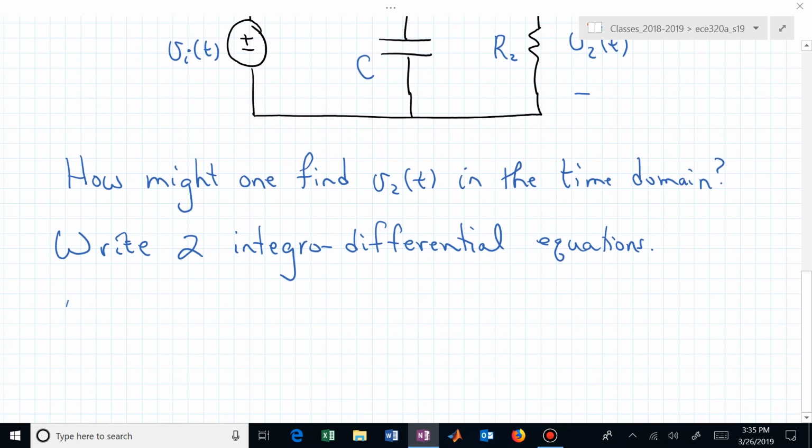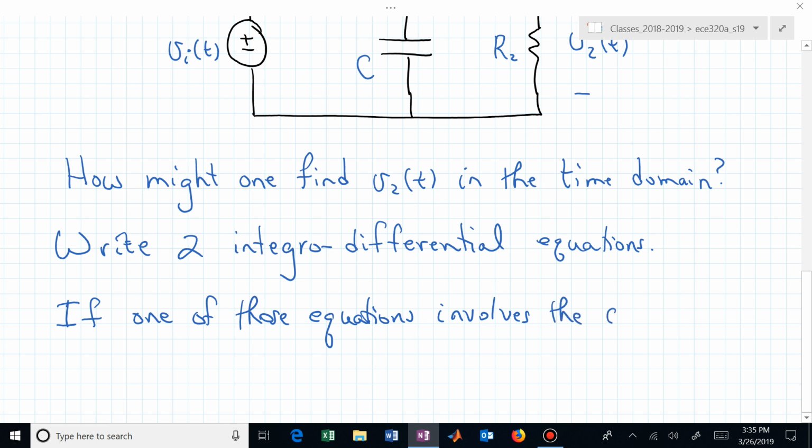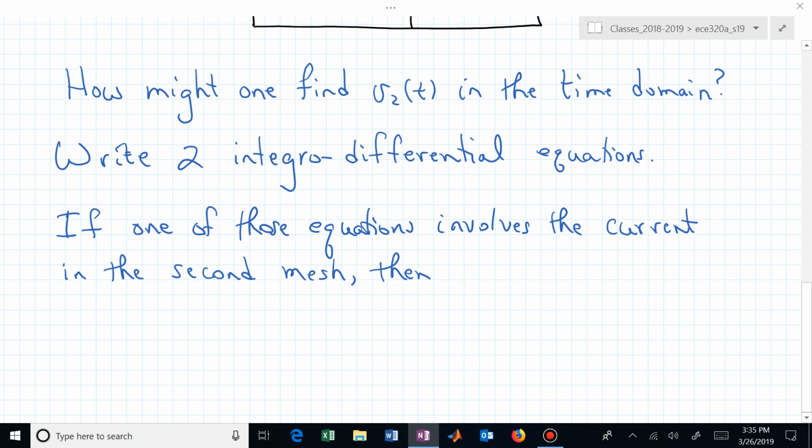So if one of these equations involves the current in the second mesh, then we have it.